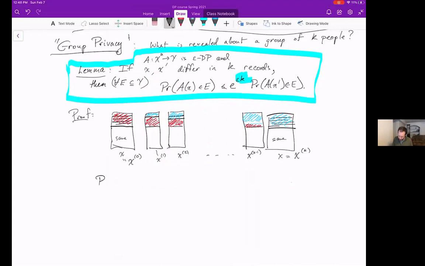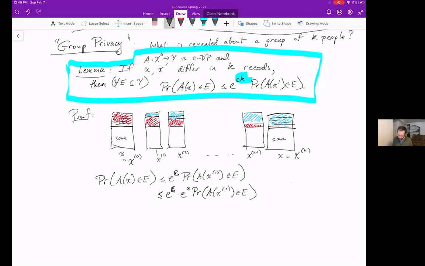So if I look at the probability that A of x lies in some event E, well, that's at most e to the epsilon times the probability that A of x1 lies in E. And so that's at most e to the epsilon times e to the epsilon times the probability that A of x2 lies in E, because x and x2 are neighbors, right?